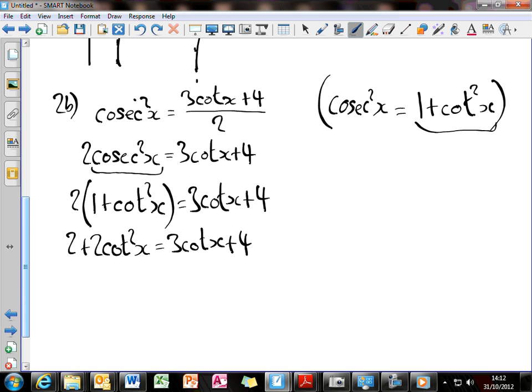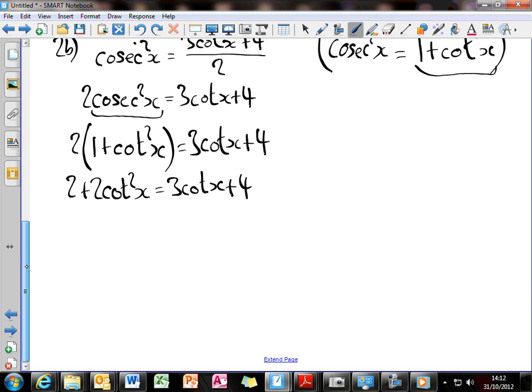And this is a quadratic equation. So to solve it, I'm going to put it equal to 0. I'm going to move everything to the left-hand side. So I'm going to get 2 cot squared x minus 3 cot x minus 2 equals 0.